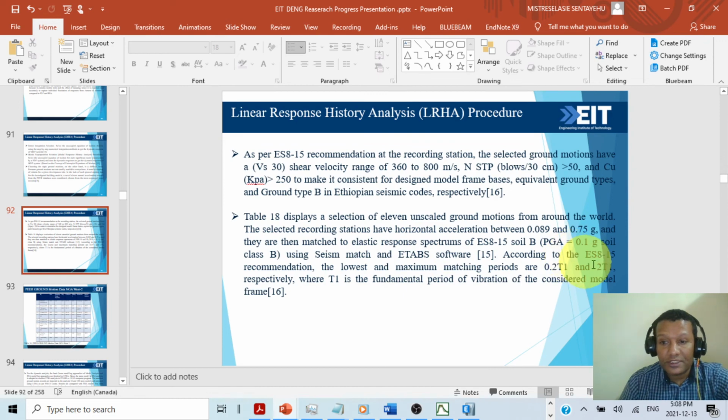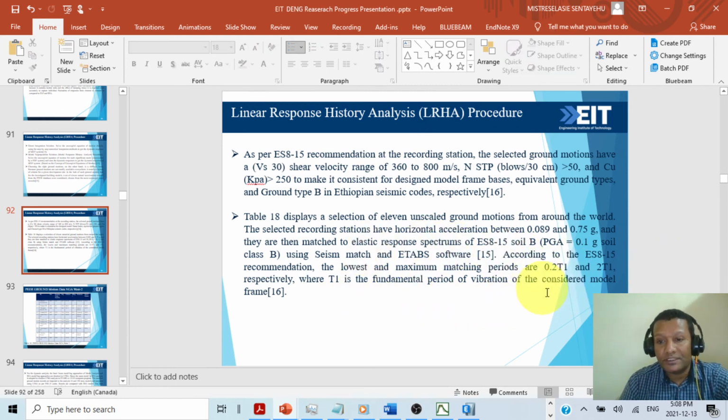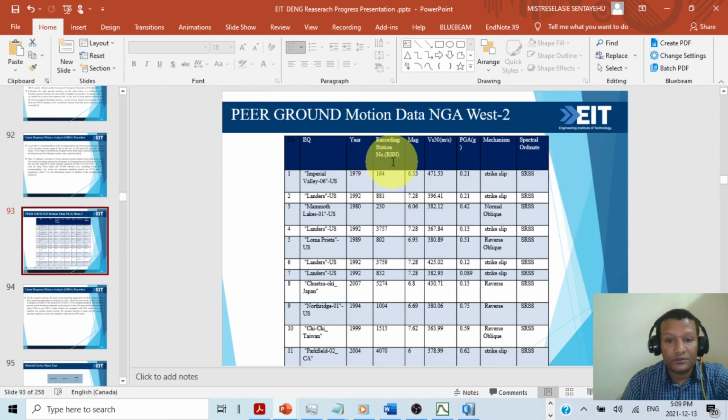According to the ES 815 recommendation, the lowest and maximum matching periods are 0.2 T1 and 2 T1 respectively. T1 is the fundamental period of vibration of the considered model frame. As we have seen, it should be the same procedure as per UBC and IBC also.